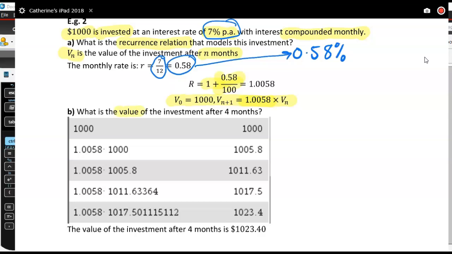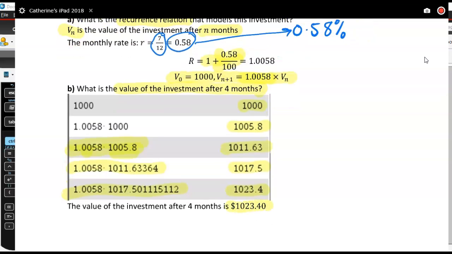So what is the value of the investment after 4 months? So $1,000 starting with. After 1 month, $1,005.80. 2 months, you can see we've taken the new balance, times it by our rate to get $1,011.63, and increasing and increasing.